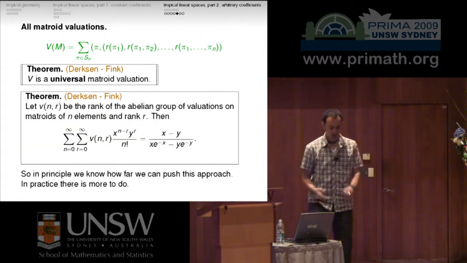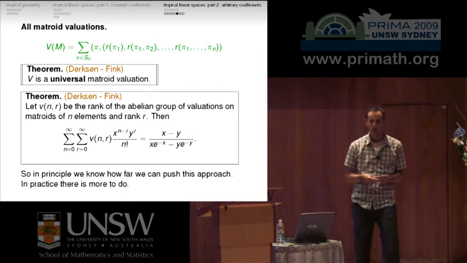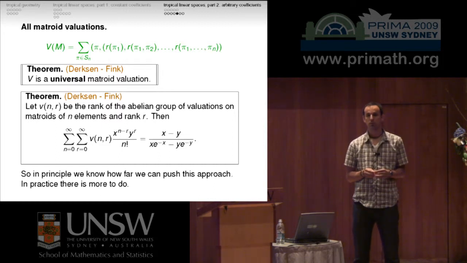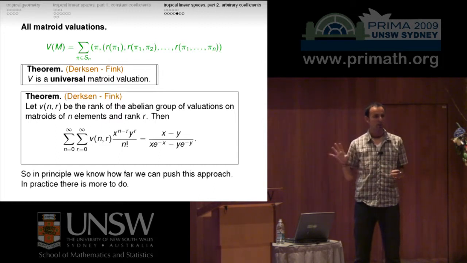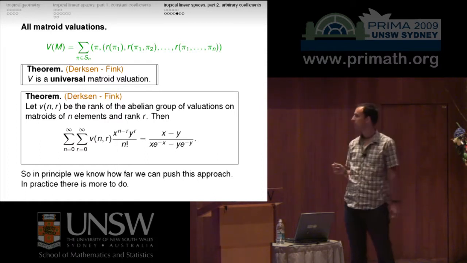And the great news about this is that my student Alex Fink and Dirksen independently proved that actually this matroid valuation is universal. Okay? And so really, any other matroid valuation that occurs is a specialization of this one.